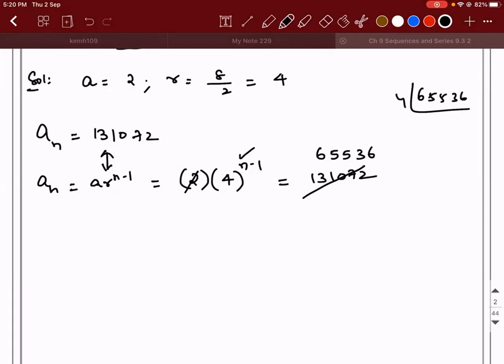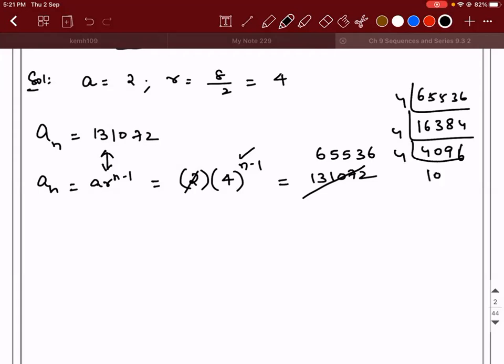4 power 5, I'm getting. Is it so? How much is it? 16384. Correct? Again 4. 4096.